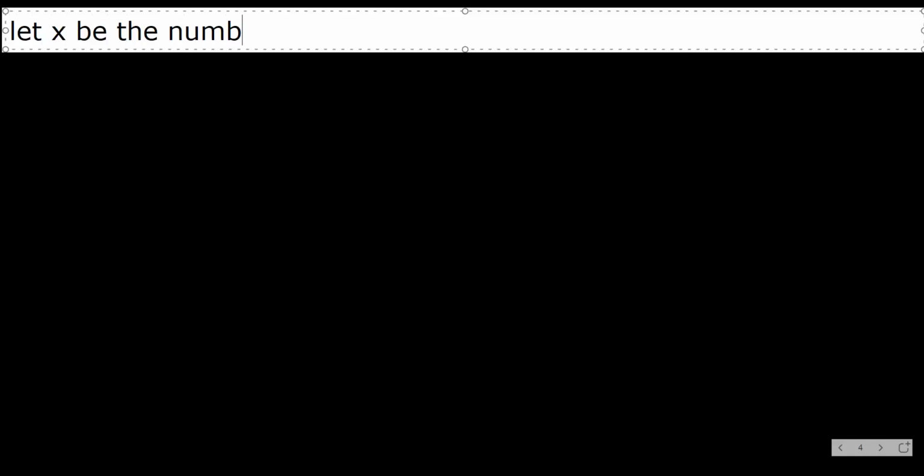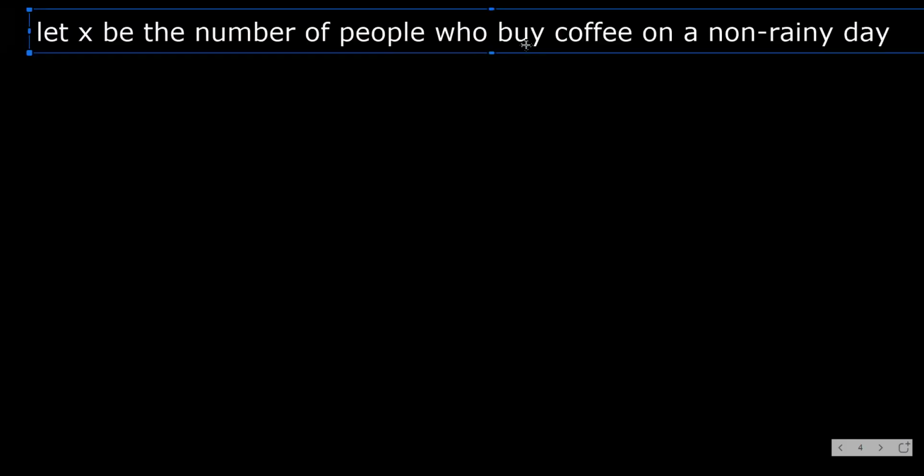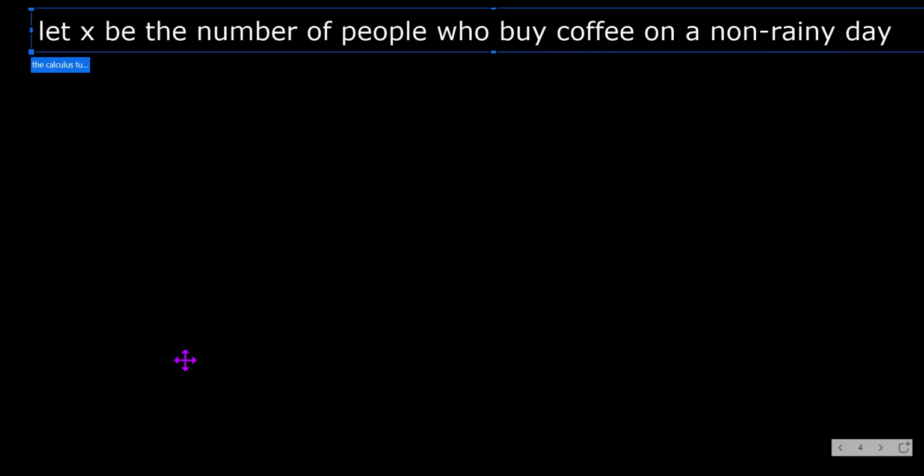So I'm going to say let X be the number of people who buy coffee on a non-rainy day. That is how I define my X. So that when the examiner or the marker sees the X, they understand what is what.